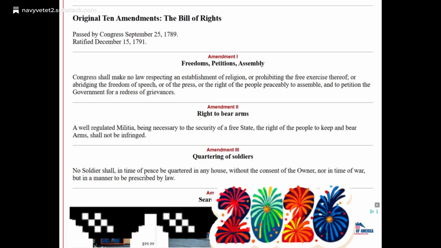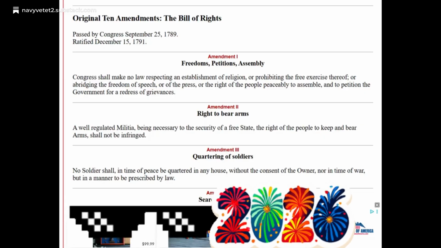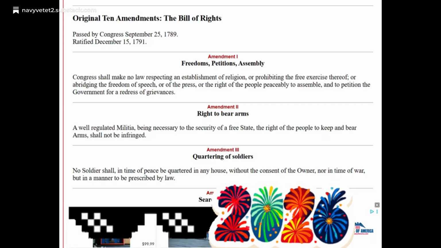Similarly, the guarantees of freedom of speech, of the press, and of the right of people to peacefully assemble, as well as the right to petition their government, and by implication to protest the actions of the government, are at the heart of the American constitutional definition of liberty.